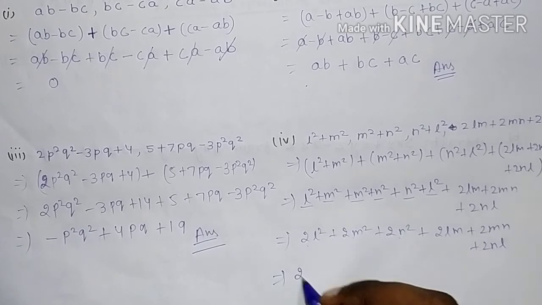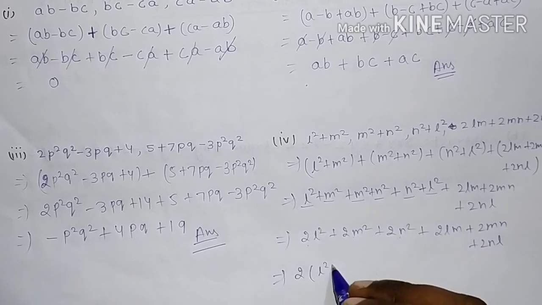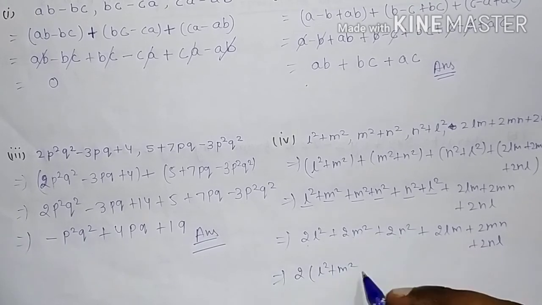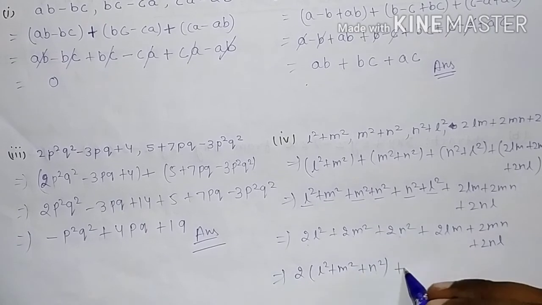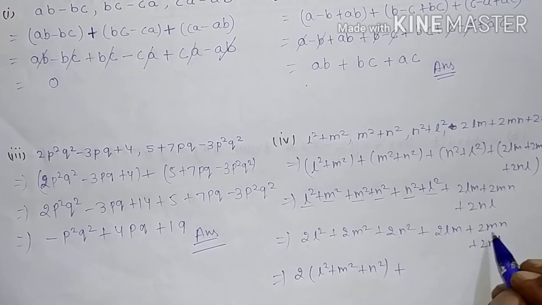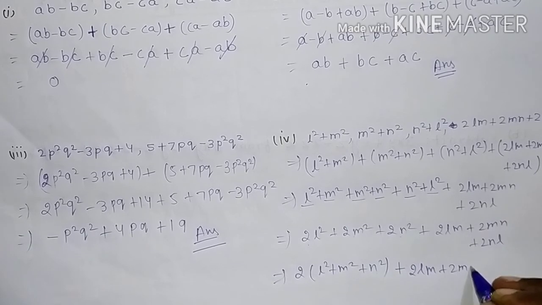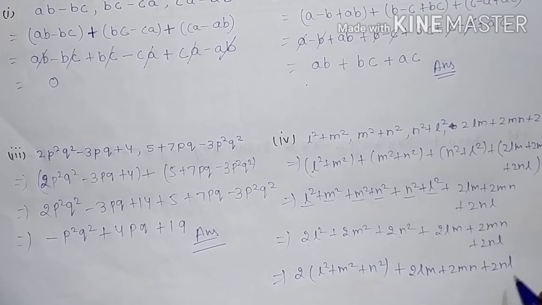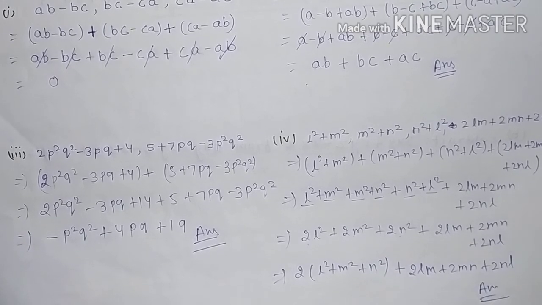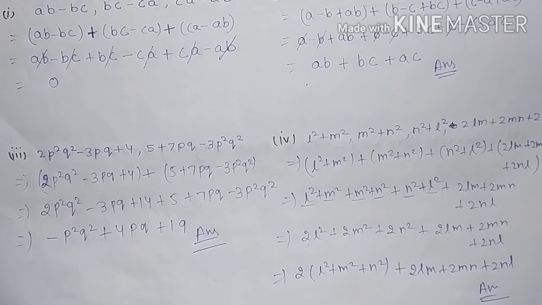So L square plus M square plus N square, and the rest is written as it is, 2LM, 2MN plus 2NL. Now this is the answer. It's very simple.